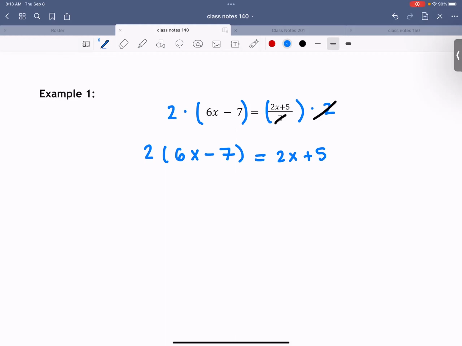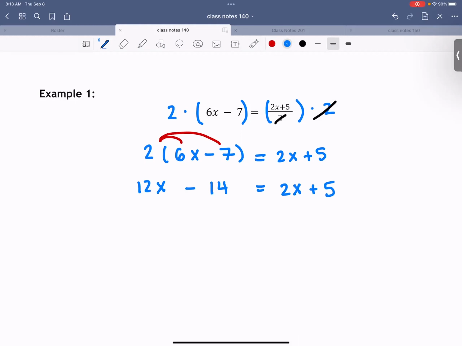Perfect, right? Now what's kind of messing us up here is the parentheses. That's making it more complicated, right? So why don't we multiply the 2 inside the parentheses so we can make things a little bit more expanded. So we're going to be left with 12x, right, minus 14 equals the right-hand side.